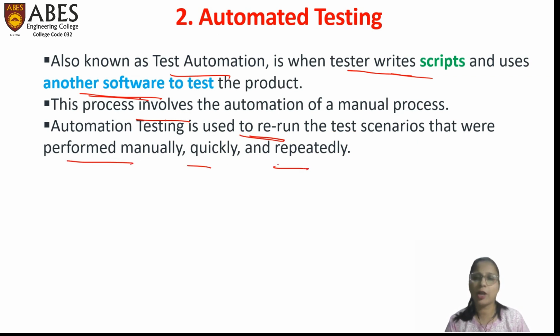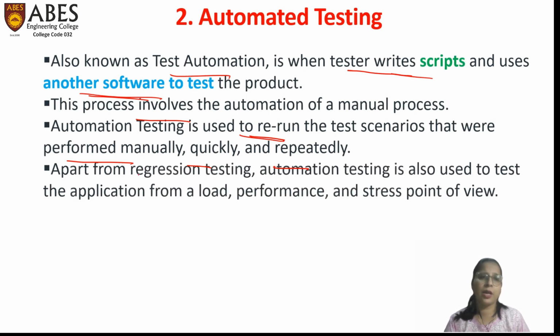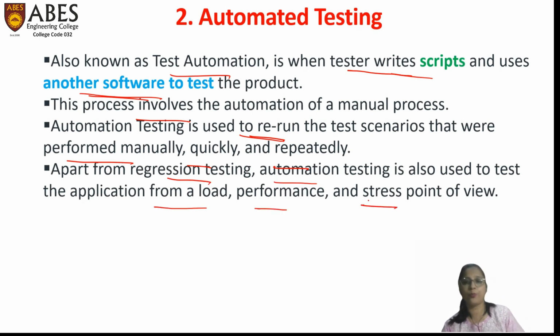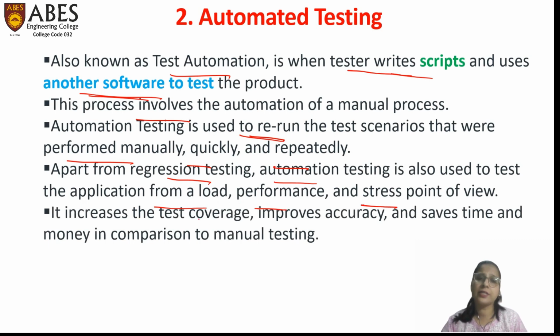Because it is done automatically, you may repeat it several times to check for all kinds of errors. Apart from regression testing, automated testing is also used to test the application from a load, performance, or stress point of view. It increases test coverage, improves accuracy, and saves time and money in comparison to manual testing, because in manual testing the time consumed is really high.